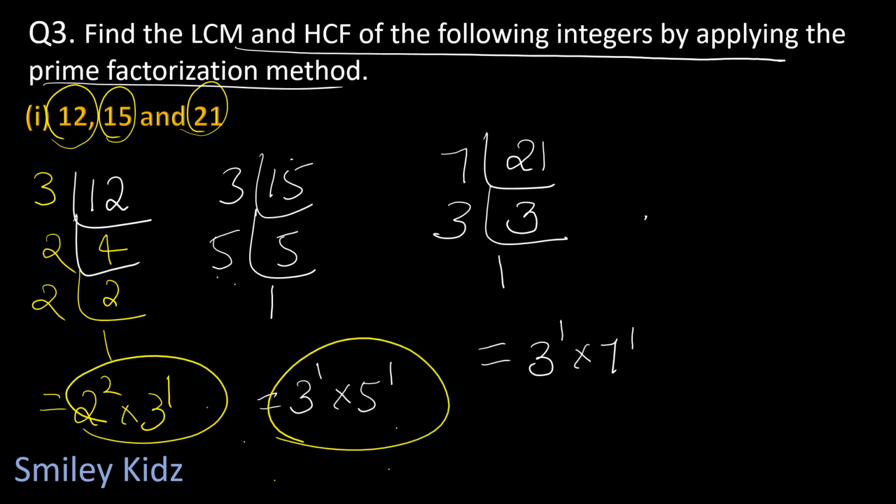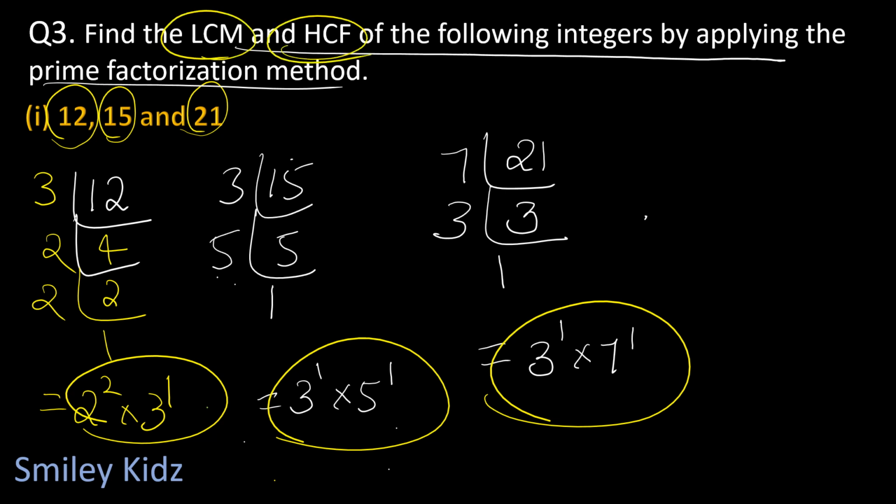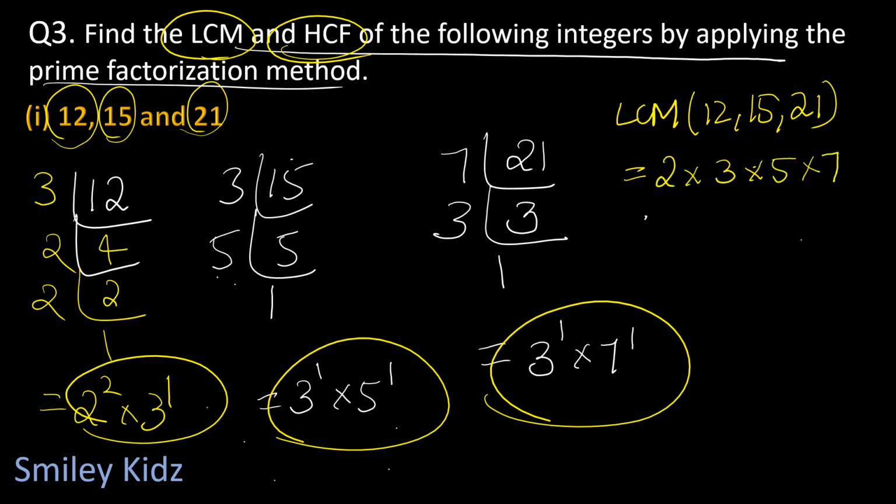Now upon the prime factorization of all three numbers, we're going to find the LCM and HCF. The LCM of 12, 15, 21 will be equal to what? The product of the greatest powers, isn't it? So 2, 3, 5 and 7 are the factors involved, and the highest power of 2 is 2 itself, so we have 2 squared times 3 times 7 times 5. Now what does this result in?